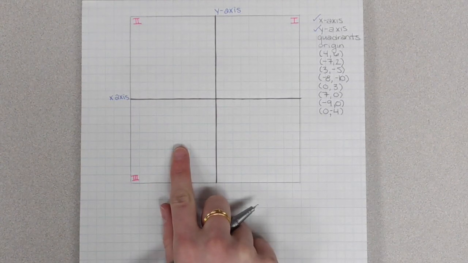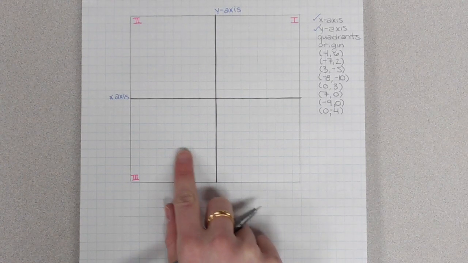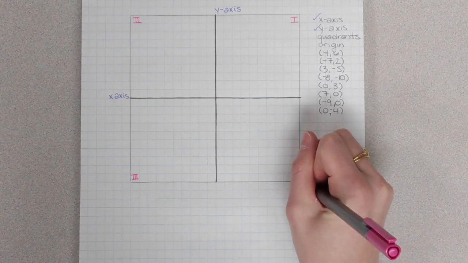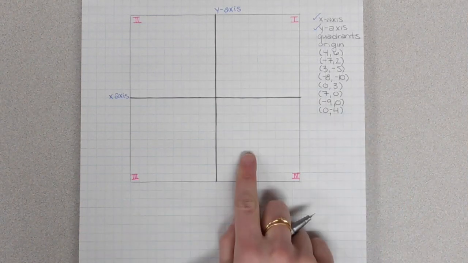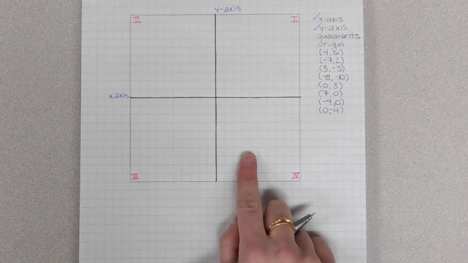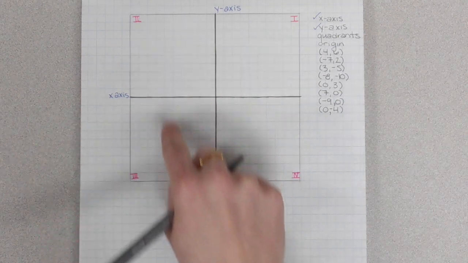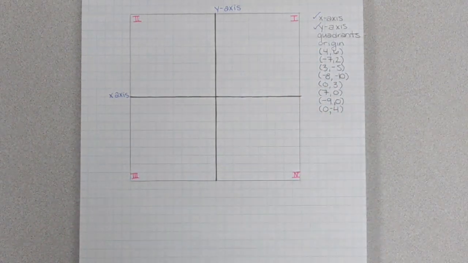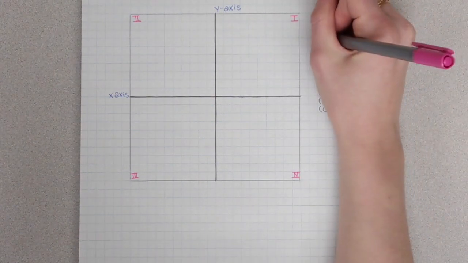This is where the x and the y are both negative. And then lastly, quadrant 4 is over in this corner. This is where the x values are positive, but the y values are negative. So 1, 2, 3, 4. We start in that top right corner, and then we just move counterclockwise to get the quadrants labeled.